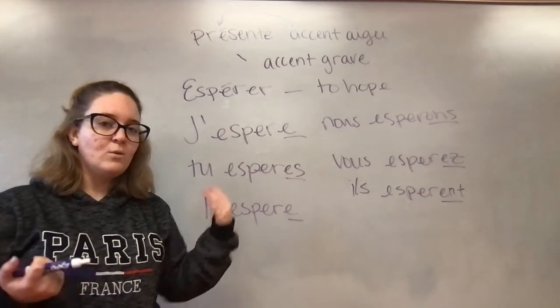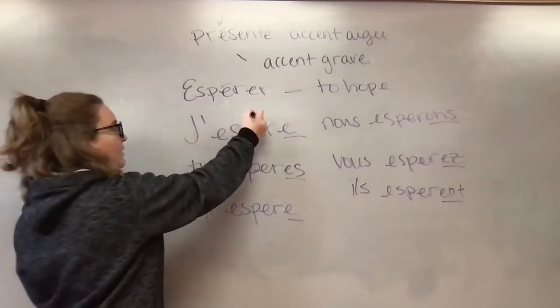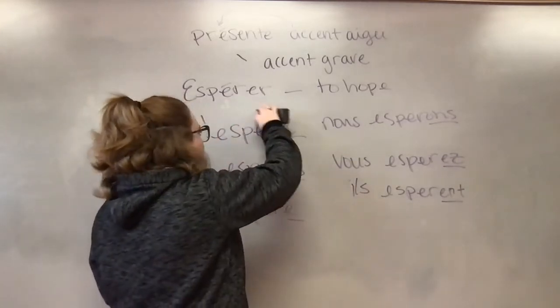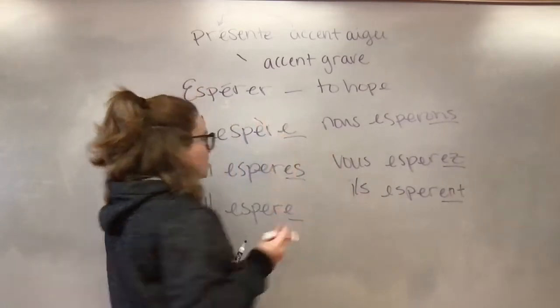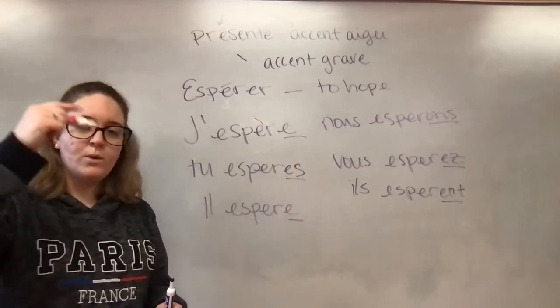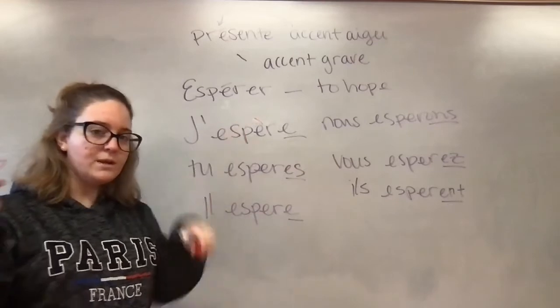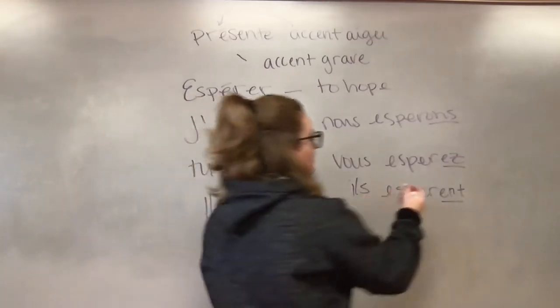J'espère. We have our jaw drop again. It's going down. We need an accent grave over the middle E. Okay? So just like with acheter, where it went on the middle E, it didn't go on the ending, it goes in the middle. Okay, so make sure that you don't put it over the wrong E.